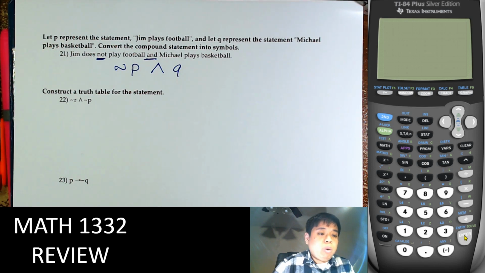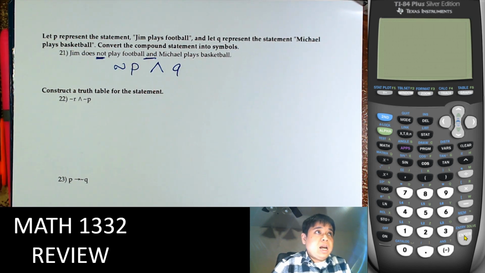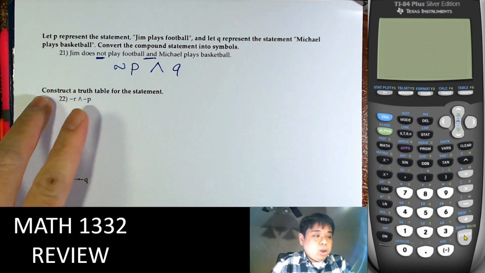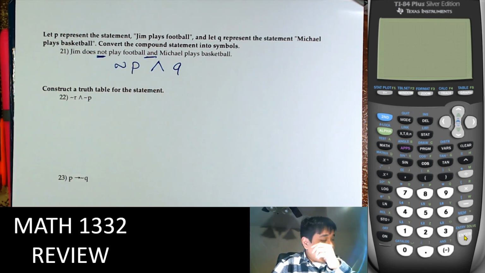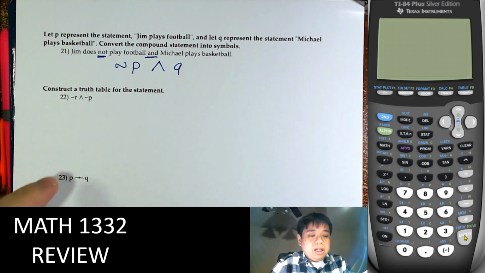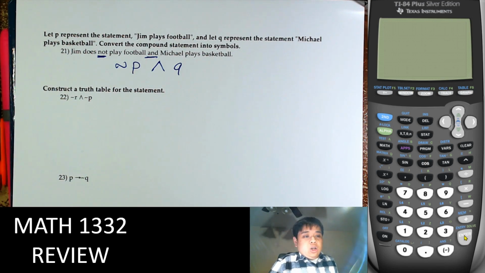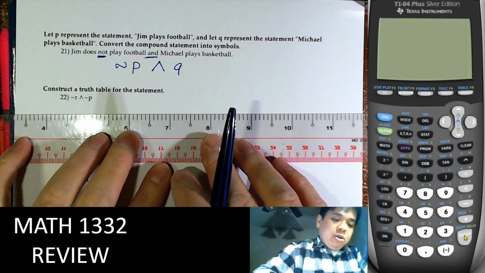Right. Next, we'll construct a truth table for this statement. When we look here, we only see two different statements, R and P. So we're just going to list all the different scenarios.